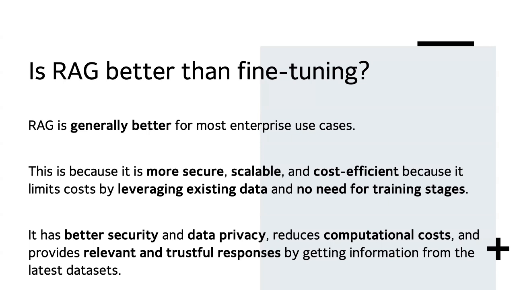With RAG, we don't have to worry about the data being outdated, because RAG can keep refreshing its database. It is also better for security and data privacy, reduces the computation cost, and provides relevant and trustworthy responses by getting information from the latest data set.